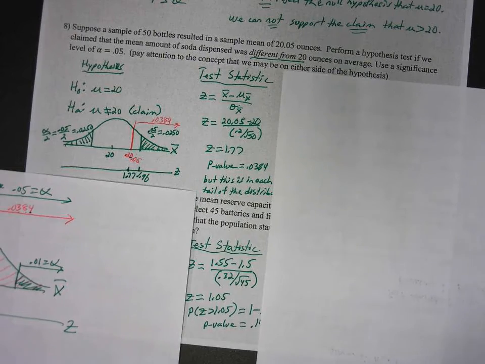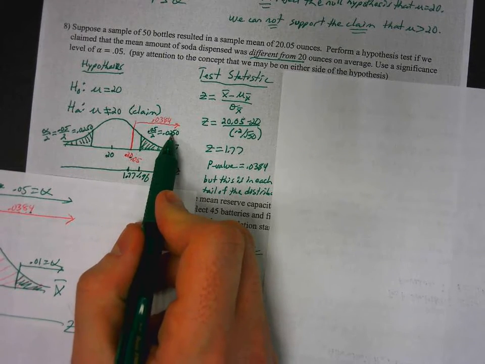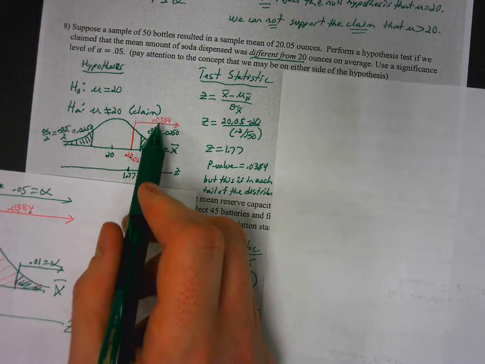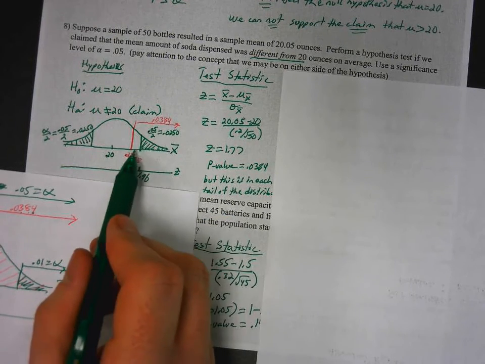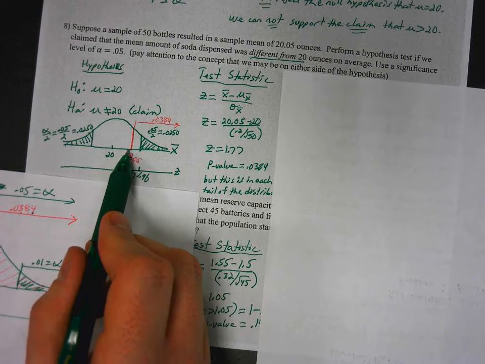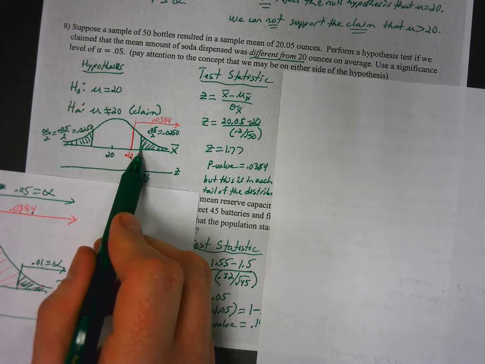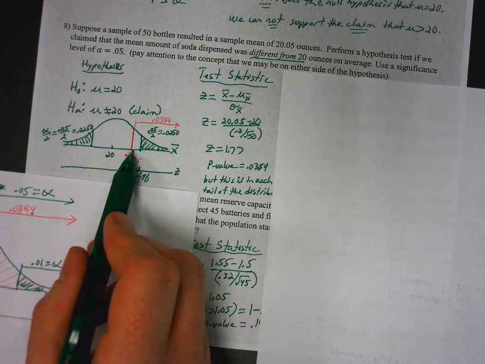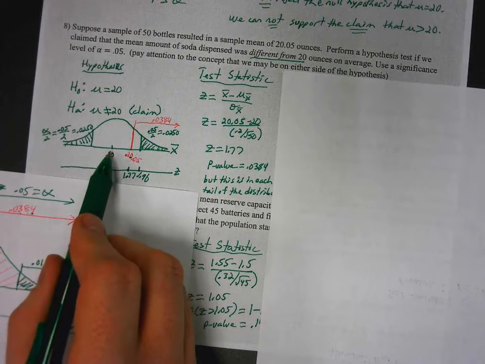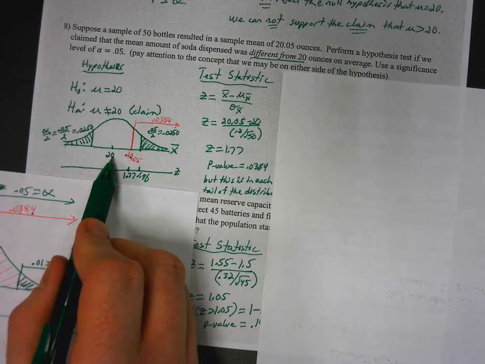Notice that if you compare that to the 0.025, which was alpha over 2, that 0.0384 goes farther into the data, coming from the right-hand side, farther in than the 0.025 area does. So that means that 20.05 is close enough to 20 where the assumption of 20 being the population mean was an okay assumption.